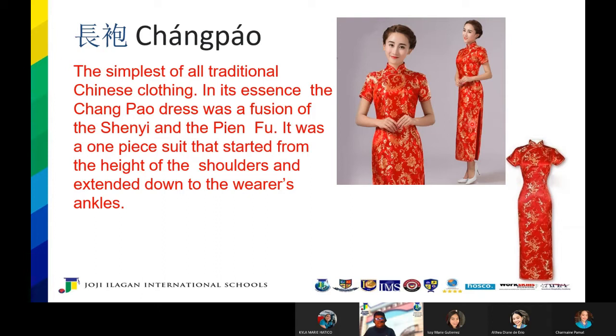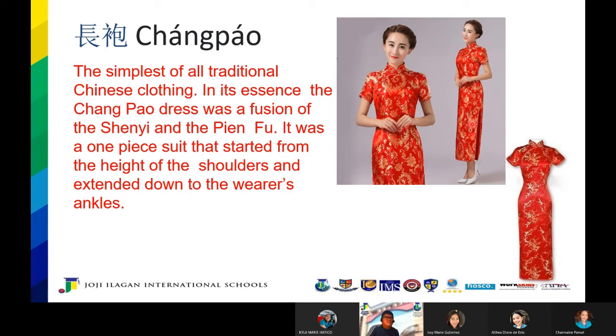It's worn during special occasions, gatherings. It's like a cocktail dress, if you compare it to a westernized dinner party. When there's a dinner party among Chinese, the Chang Pao is worn. But sometimes it is also worn in formal occasions. So that's the Chang Pao.